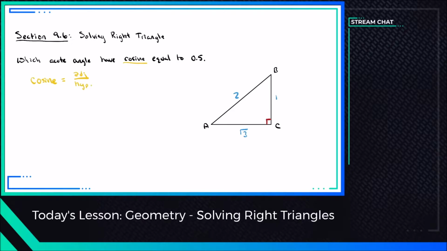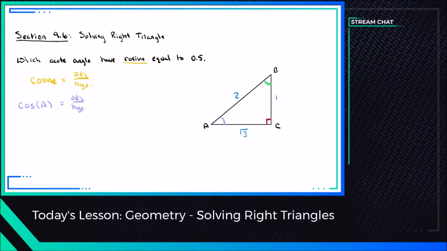So we have two acute angles that we can look from here. We have this acute angle right here, angle A. We also have this acute angle here, angle B. So why don't we just start with the cosine of A. So the cosine of A is going to be the leg that is adjacent to angle A, as well as the hypotenuse.